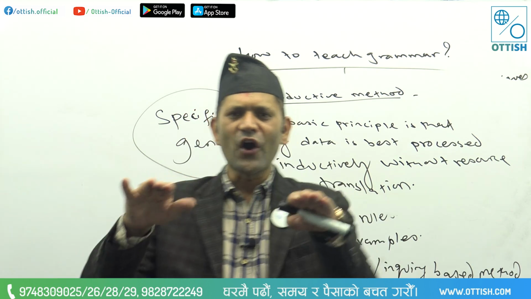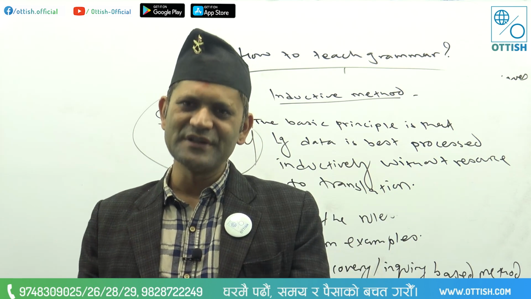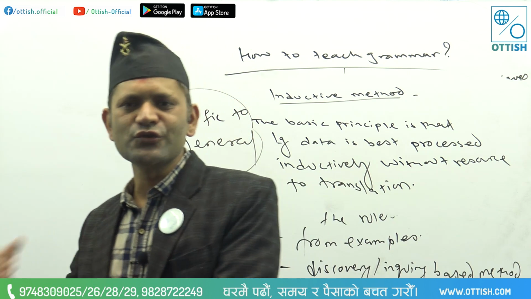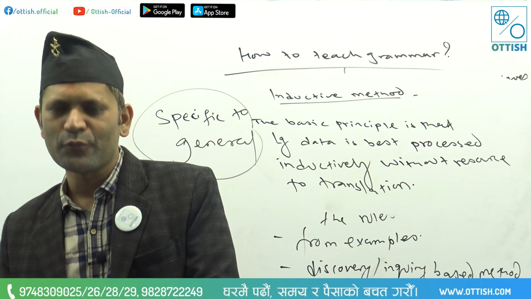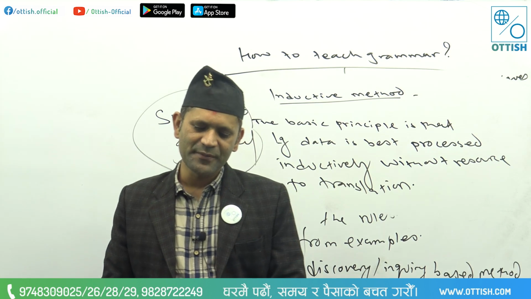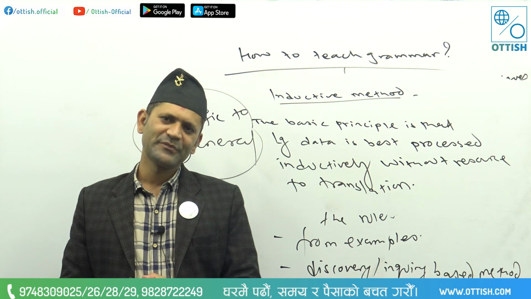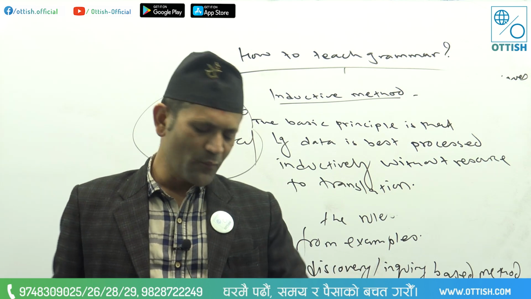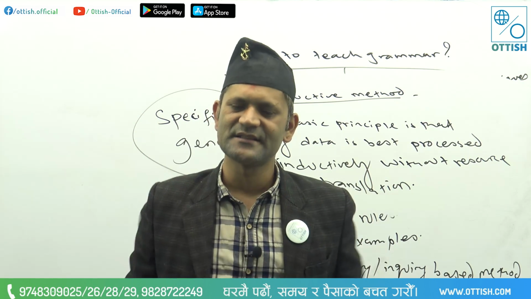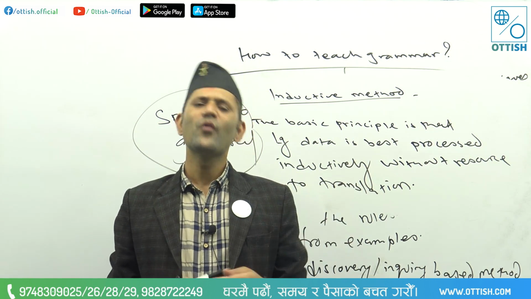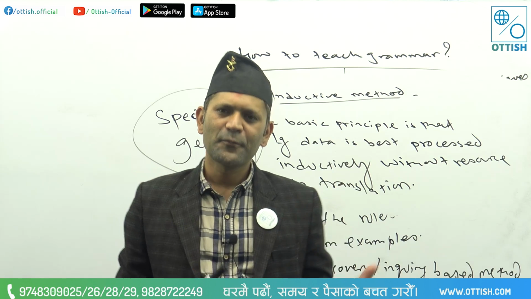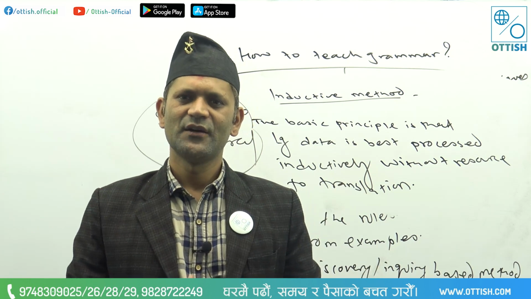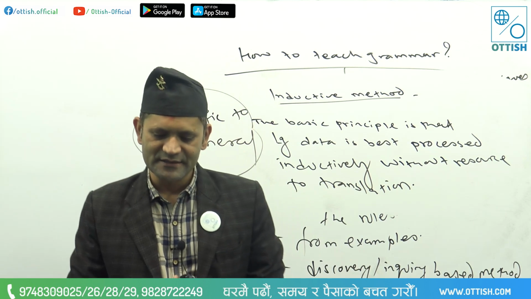They properly observe the pattern of language used, and after they observe, they are guided to identify or point out the specific rules used there. Similarly, students are provided with more examples and explanation. The teacher can give some more examples, some more in-depth explanation.